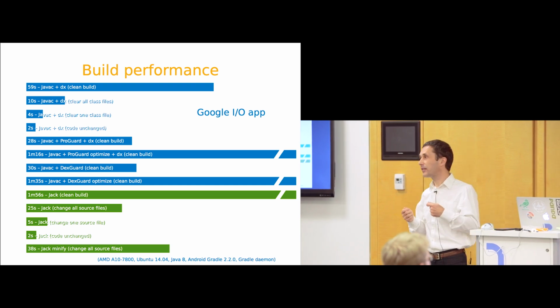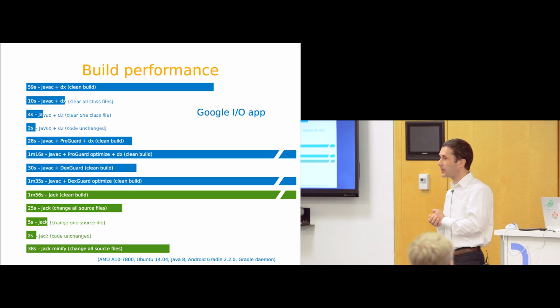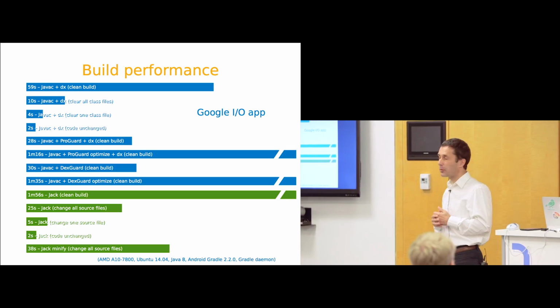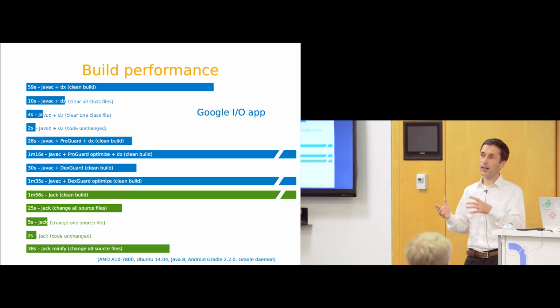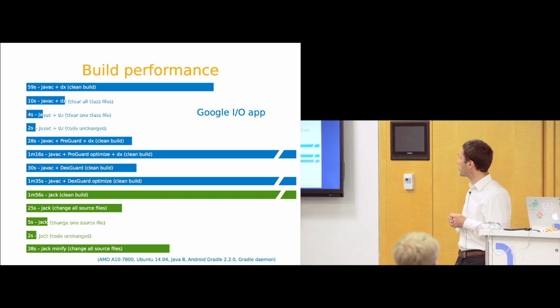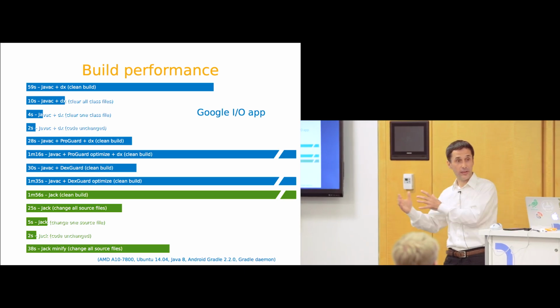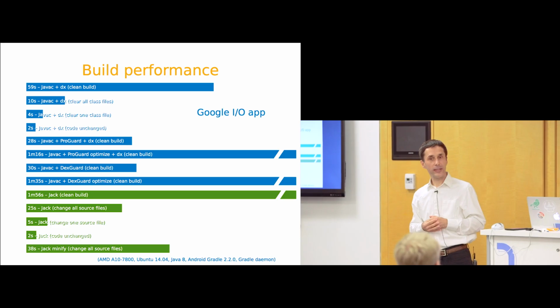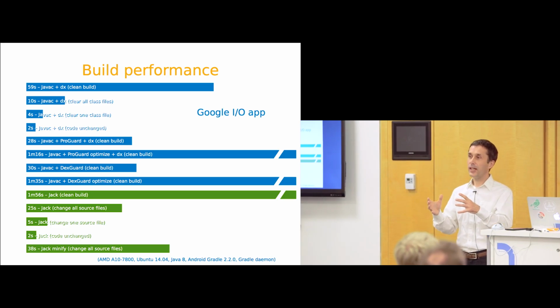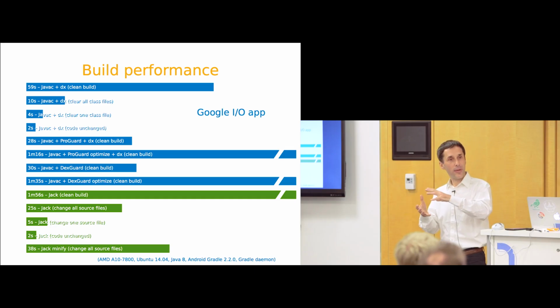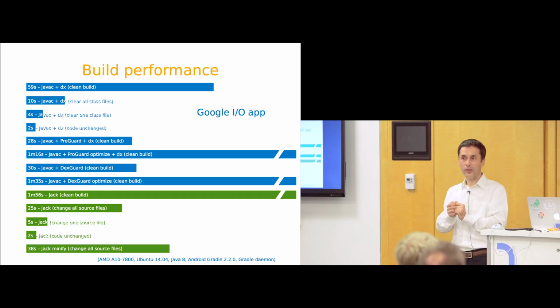Then if you start enabling ProGuard in the build process, and that's a somewhat surprising observation maybe, a clean build with ProGuard is actually faster than a clean build without ProGuard. That's surprising because there's this additional step in the build process. The reason is that ProGuard, quite early in the build process, takes your Java bytecode and shrinks it down to something that's significantly smaller.